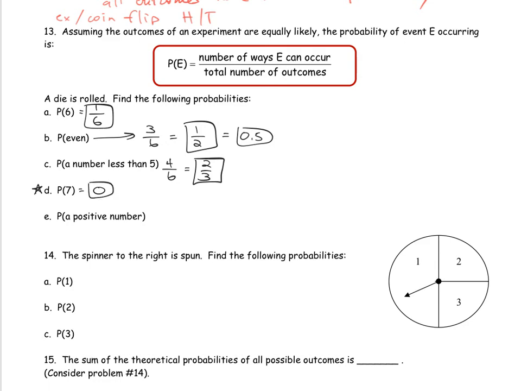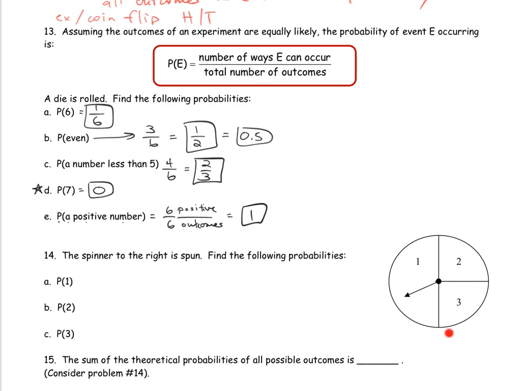There's no 7 on that die. It's impossible. For the last one, part E, find the probability you roll a positive number. Well, 1, 2, 3, 4, 5, and 6 are all positive numbers. So we will have 6 positive numbers out of 6 outcomes, and that will give us a probability of 1, or 100%.